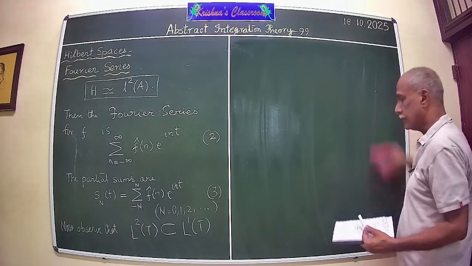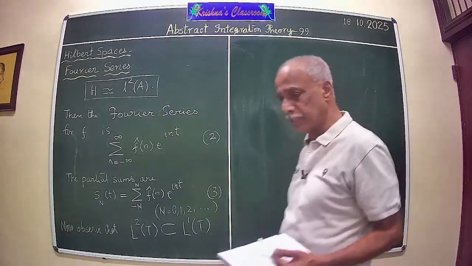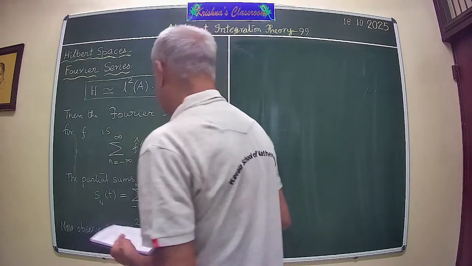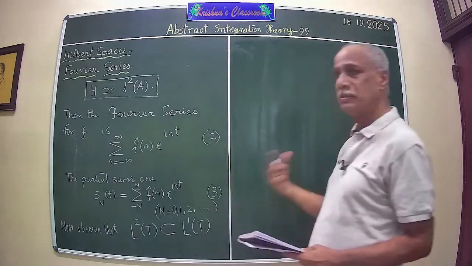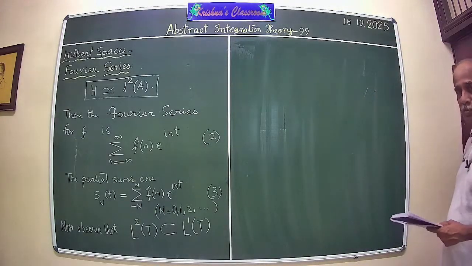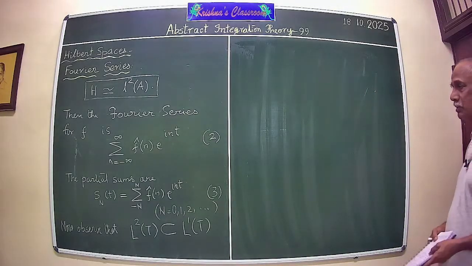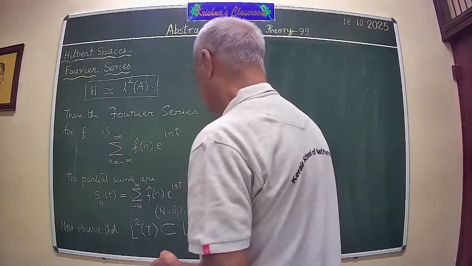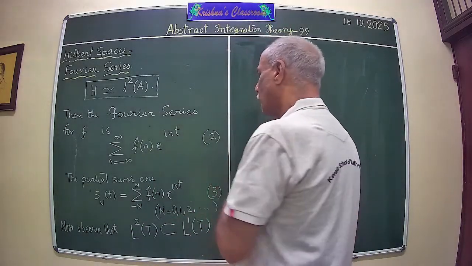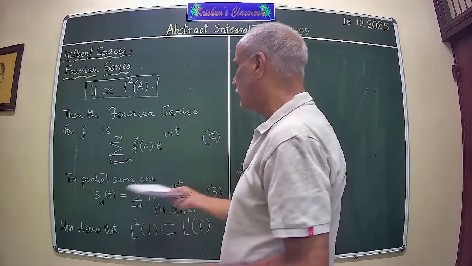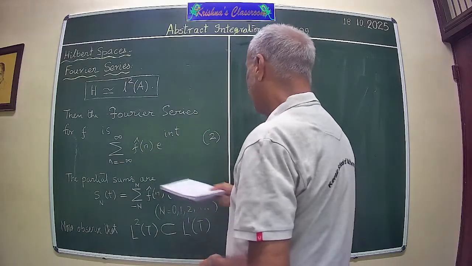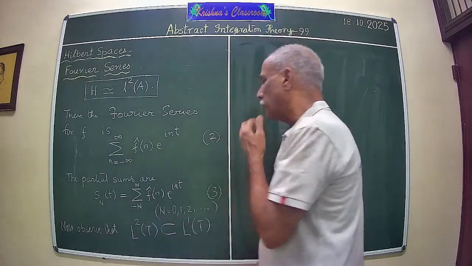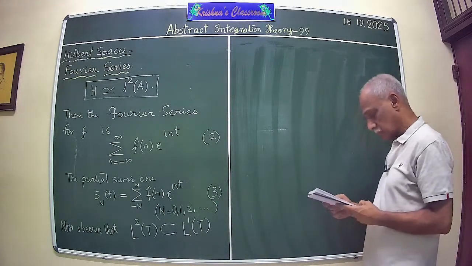Okay, because for the question of the existence of f hat n, all that you need is the function f is L1, but on T the function is also in L2T. That's what you have. Therefore, this is valid, f hat n is well defined for all f belonging to L2. Okay.